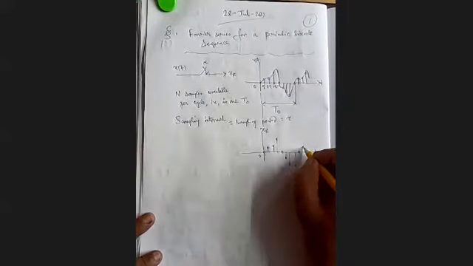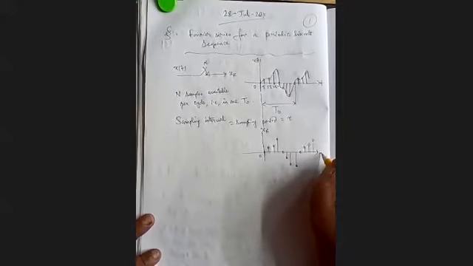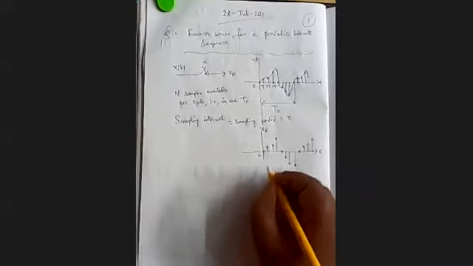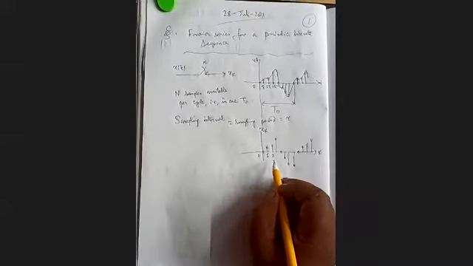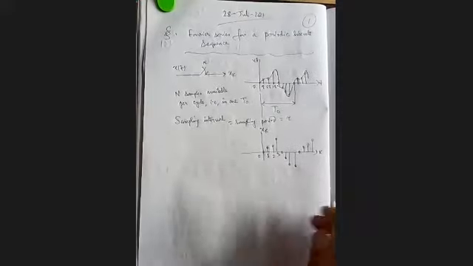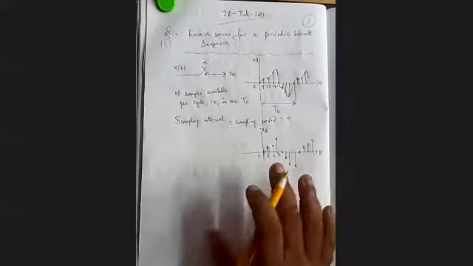So it is our k. It is 0, 1, 2, meaning 0, then tau, 2 tau, 3 tau, 4 tau, this way. So it is an integral multiple of tau. That is our xk.